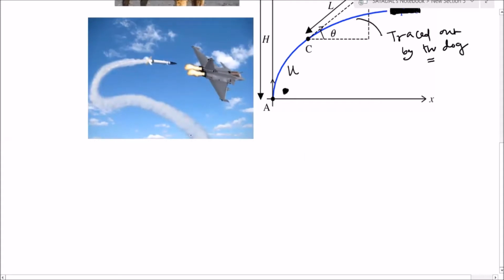Check the trail of the smoke of the missile. This trail suggests initially the aircraft was moving in that direction, then it took a turn here, then a hard turn over here, then finally it is moving like this. Each time the missile's velocity is always along this, right? Is that clear now?